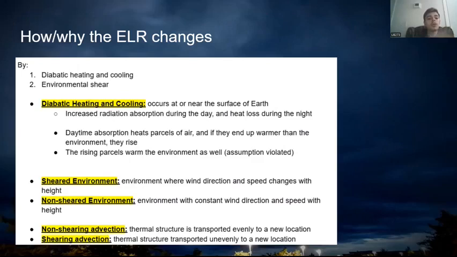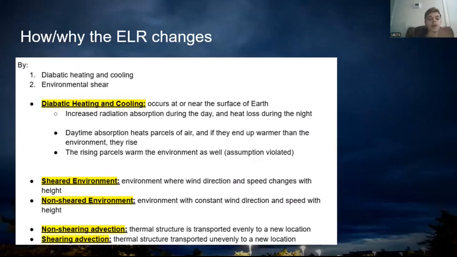Also, environmental shear is a factor. If we have a sheared environment, it's an environment where the wind direction and speed changes with height. Oftentimes with this skew-T log P data, we also see wind data, and it's common for winds to be southerly shifting to westerly as we go up. That's a sheared environment.